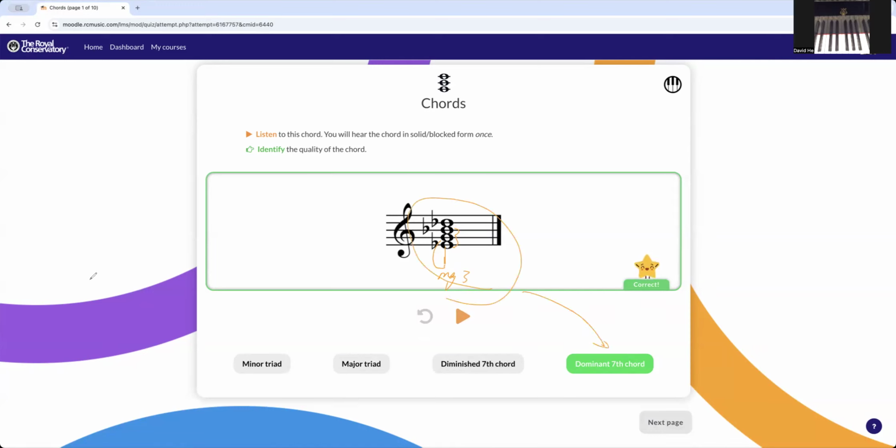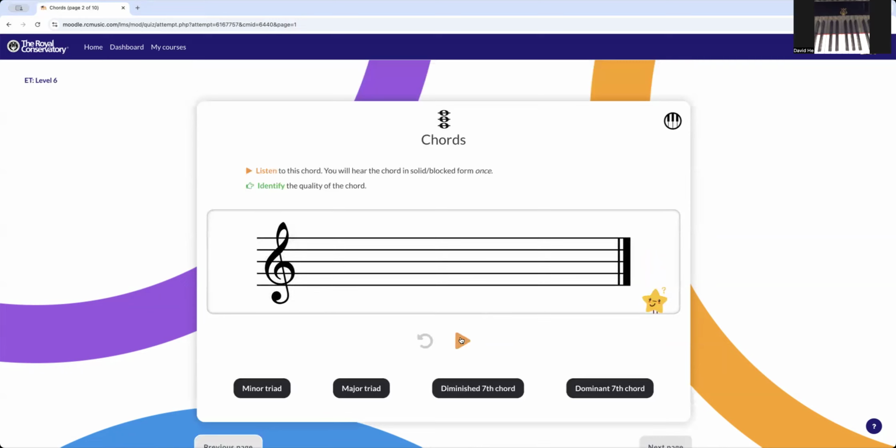Let's listen to some diminished seventh chords so you can have a better understanding. This one's not. Let's find a diminished one. What is this?